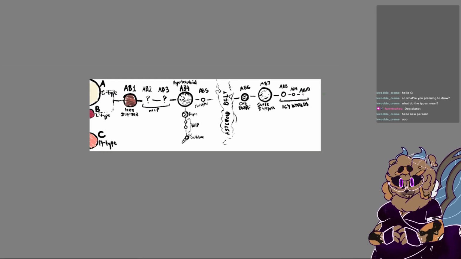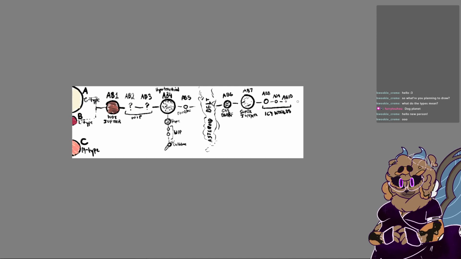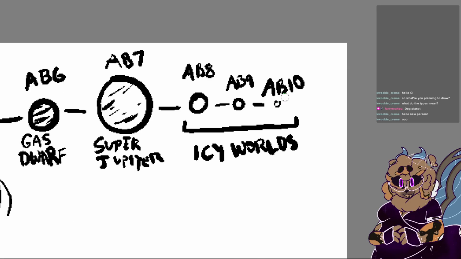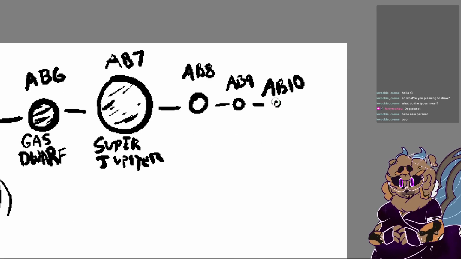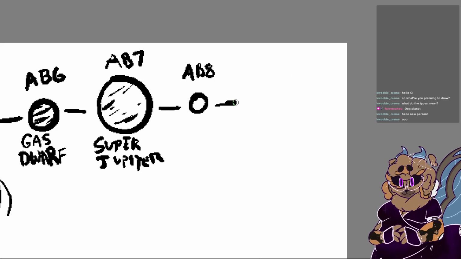So what I think... I think I know a way to make this look a bit more interesting. I'm going to take 9 and 10 here, and I'm going to turn them into a binary planet system. So I'm going to stick them up like that. 9 is going to be the top, and 10 down here.